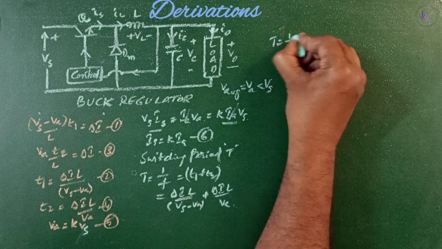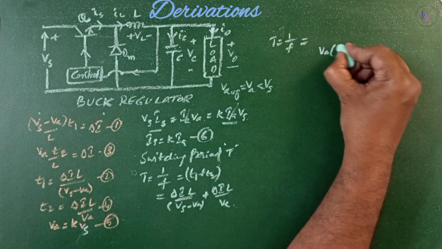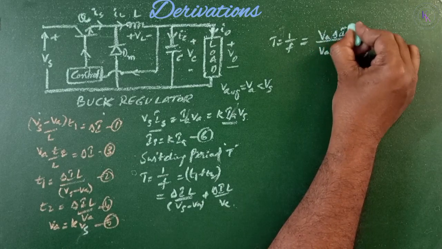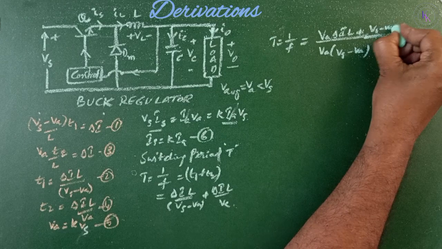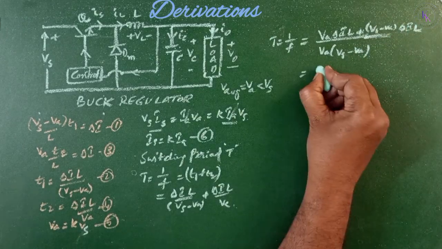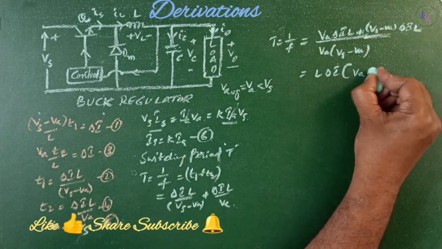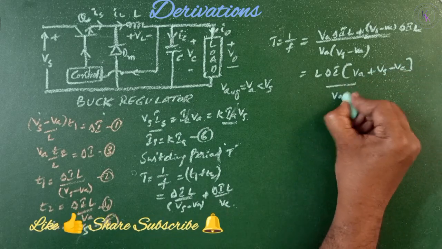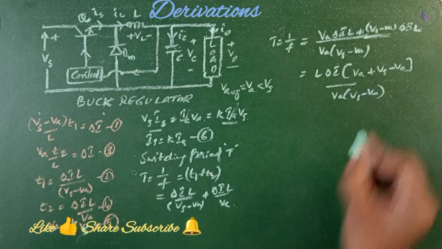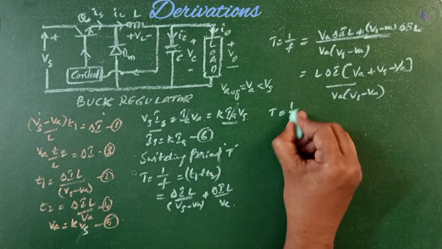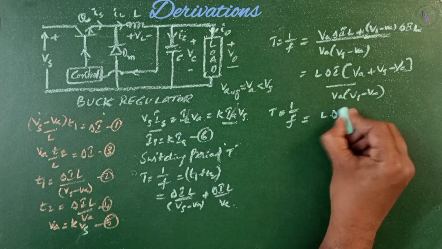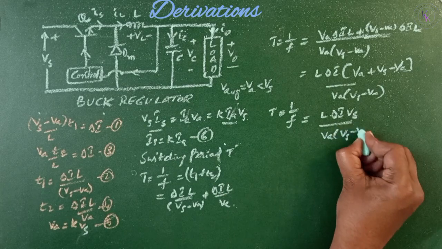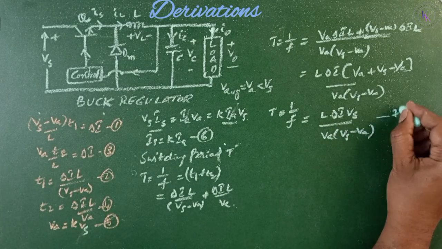Now T, that is 1 by F, equals Va of (Vs minus Va), Va delta I L plus (Vs minus Va) delta I L. Take the common, that L delta I (Va plus Vs minus Va) divided by Va (Vs minus Va). The switching period T equals 1 by switching frequency equals L delta I Vs divided by Va of (Vs minus Va). Let this be equation number 7.